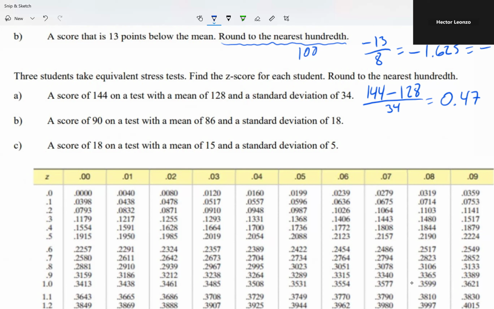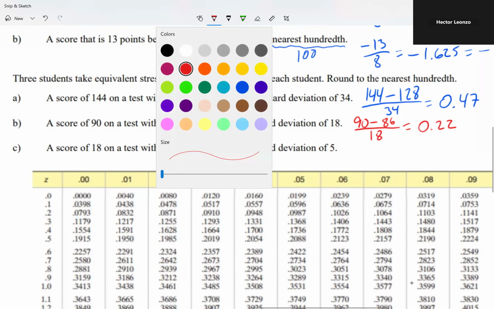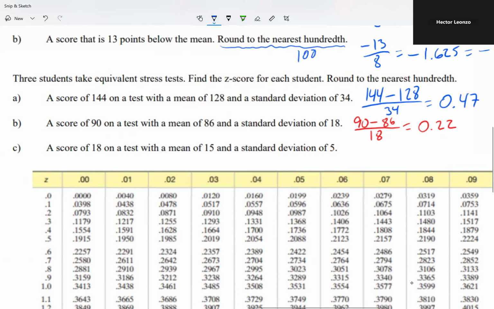For B, let me change different colors so we don't get confused, A and B. The score is 90, so 90 minus the mean, 86, and divide this by the standard deviation. So 90 minus 86 divided by 18, it's going to give me 0.22. And for C, a score of 18 on a test with a mean of 15.